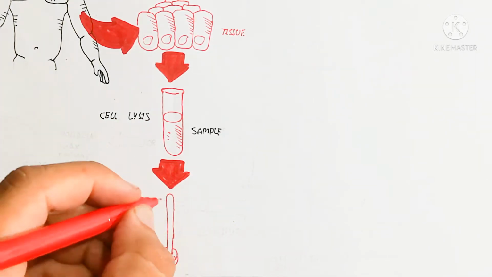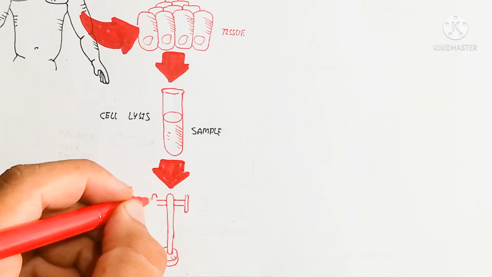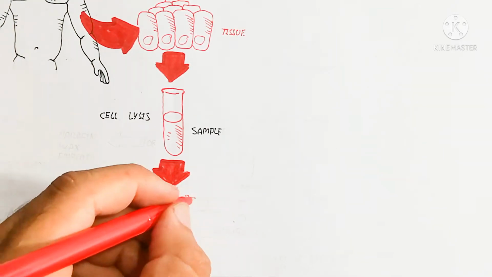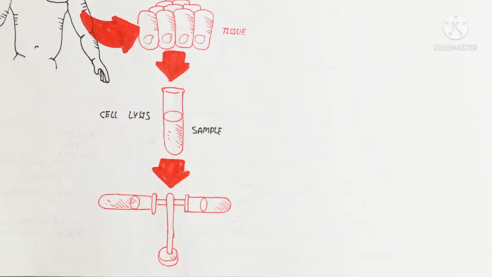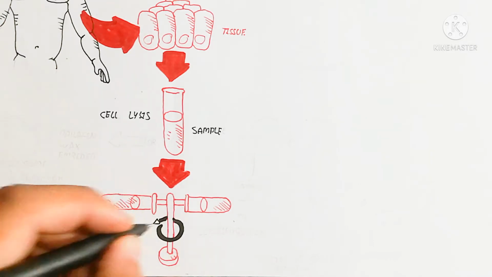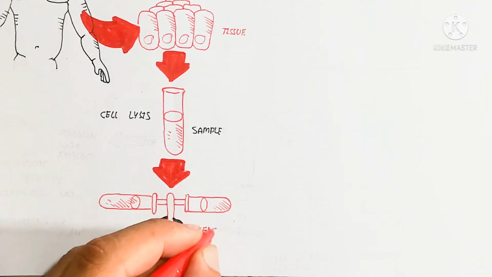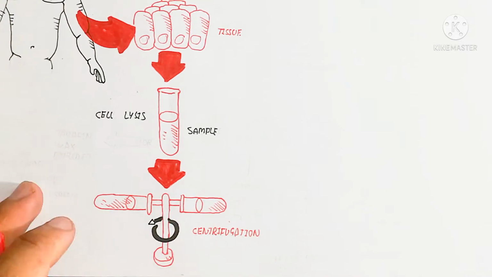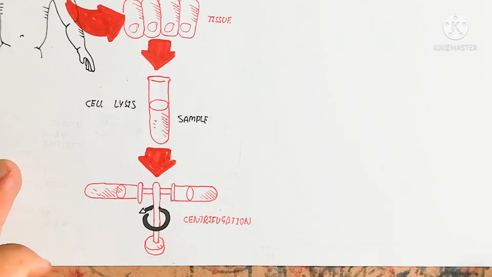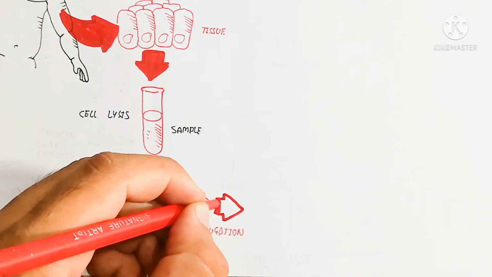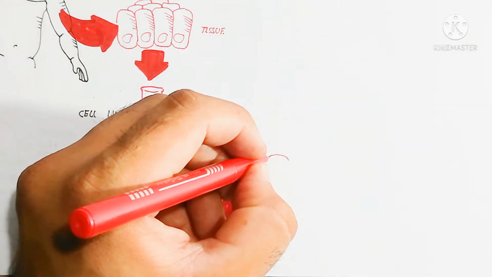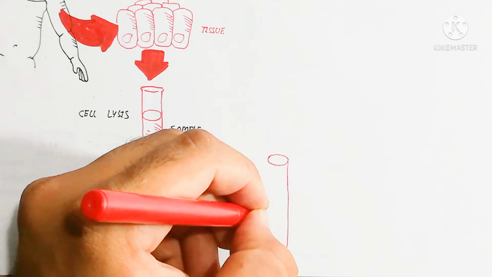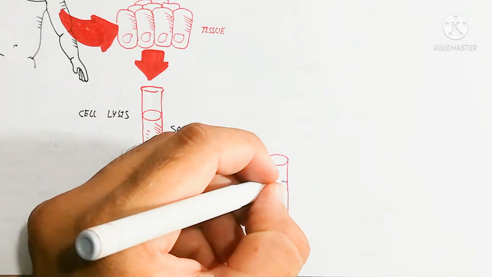After the centrifugal force, on the basis of different density, layers or phases will be created in the test tube. It means the denser molecules will move downward while the less dense molecules will move upward. So different layers will be created.